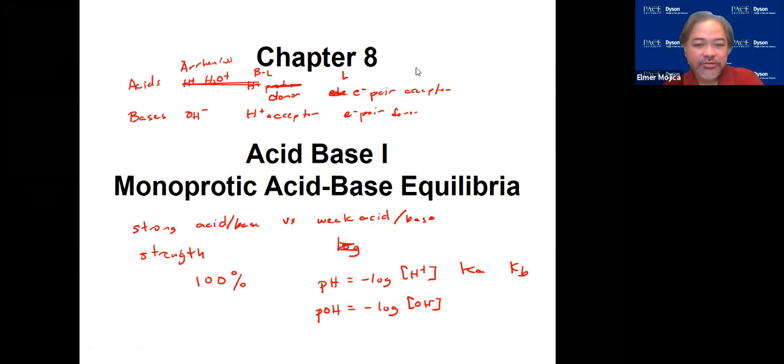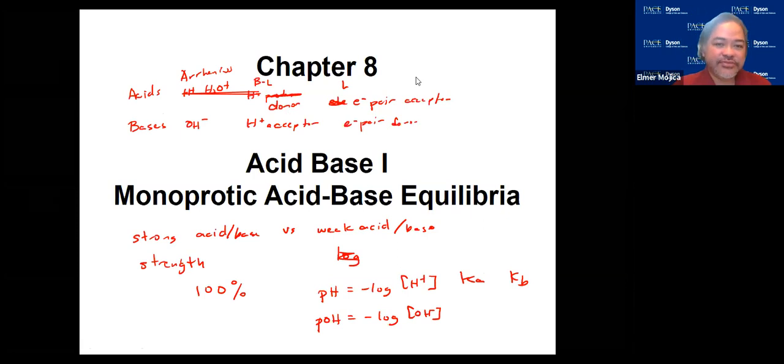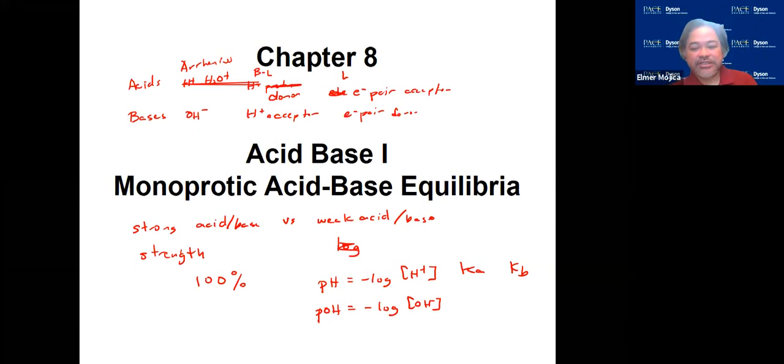Why? Because a strong acid or a strong base doesn't have any Ka or Kb.